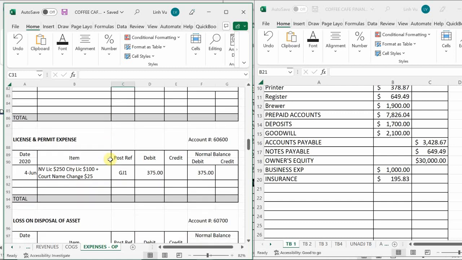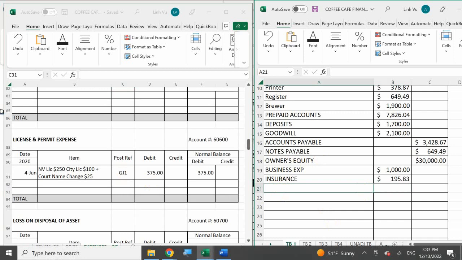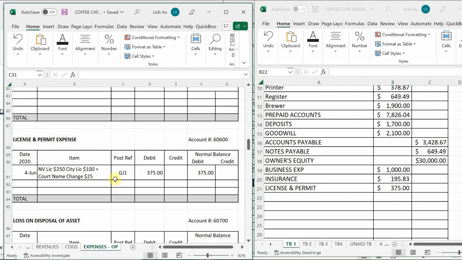Next one we have here is license and permit expense, for $375 on the debit side.